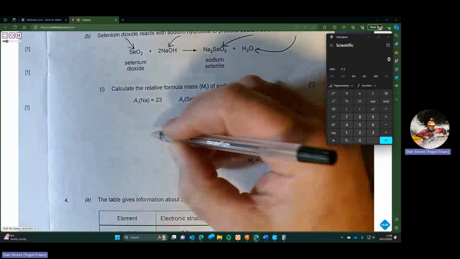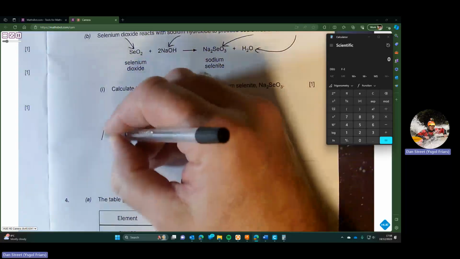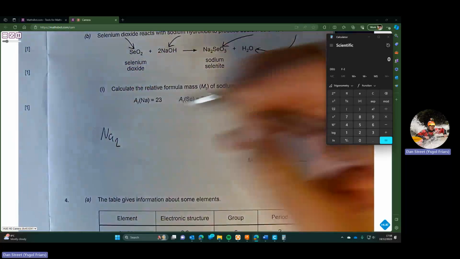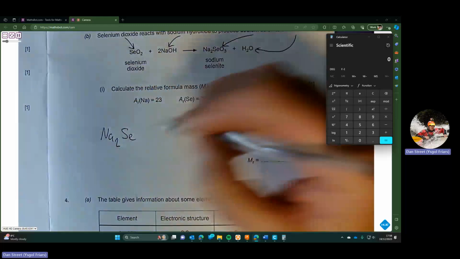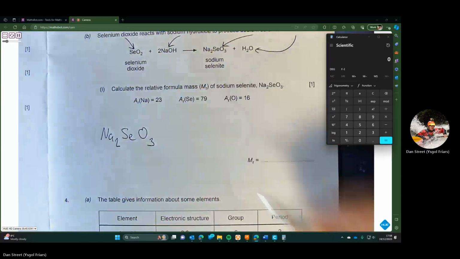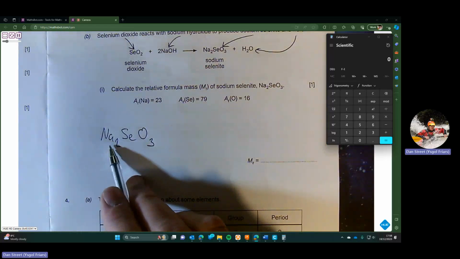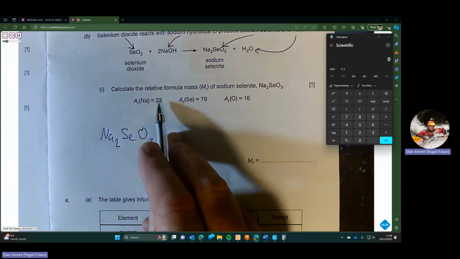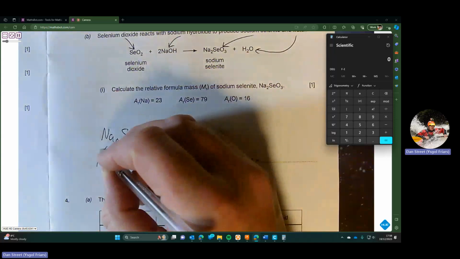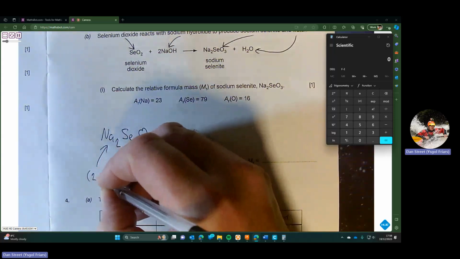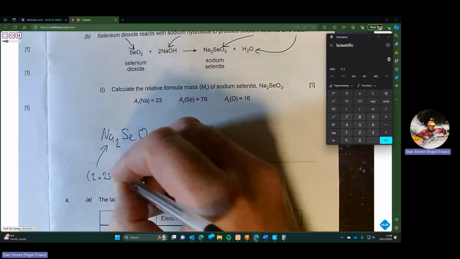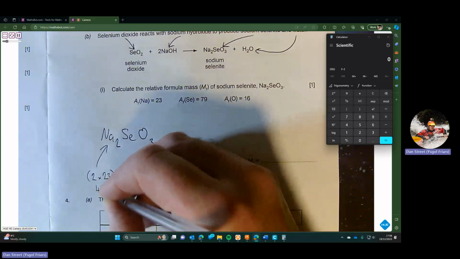So if we are going to calculate the Mr of this, it might be wise to write out the formula and then work out the different masses that we need. So Na2 tells us that we've got two sodiums and one sodium weighs 23. So the Na would be 2 times 23, which equals 46.